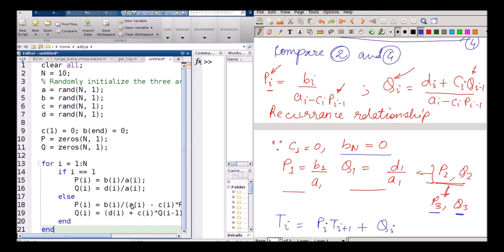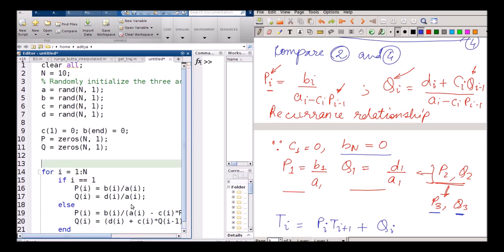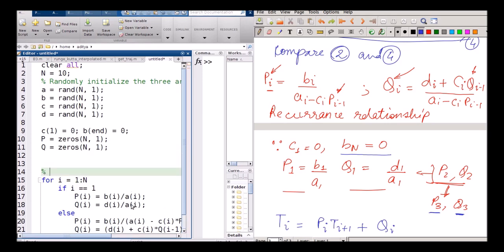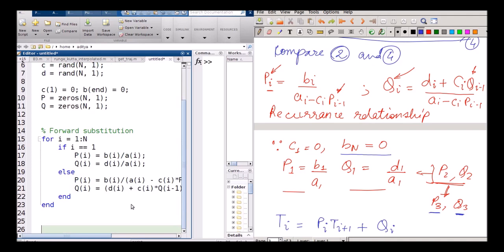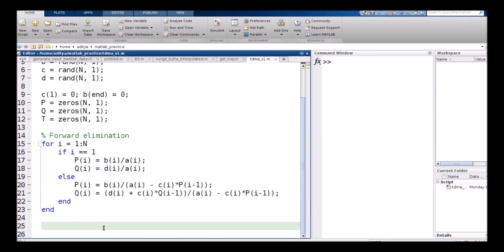So this particular for loop is essentially my forward elimination step. Sorry, this is not the forward substitution, this is the forward elimination. Then I will have the back. Let us now write down the backward substitution.